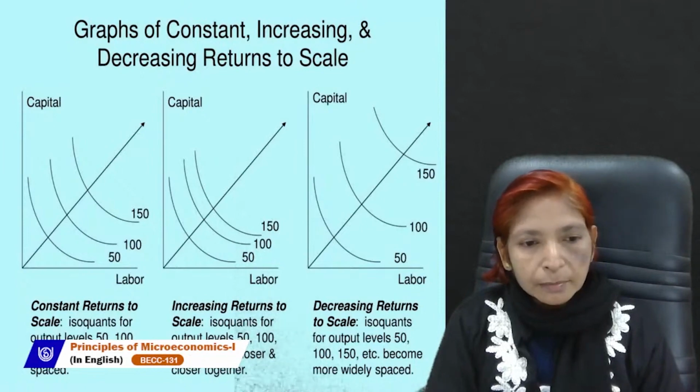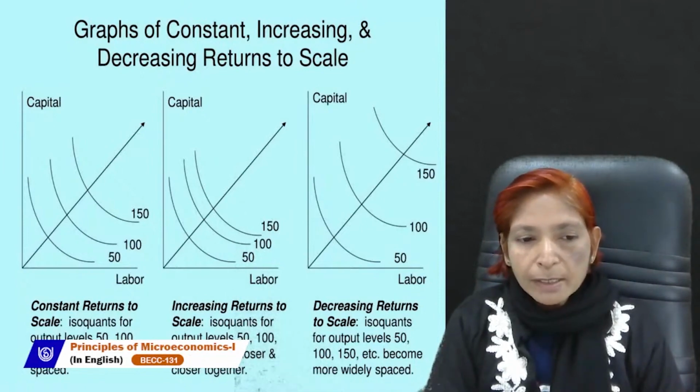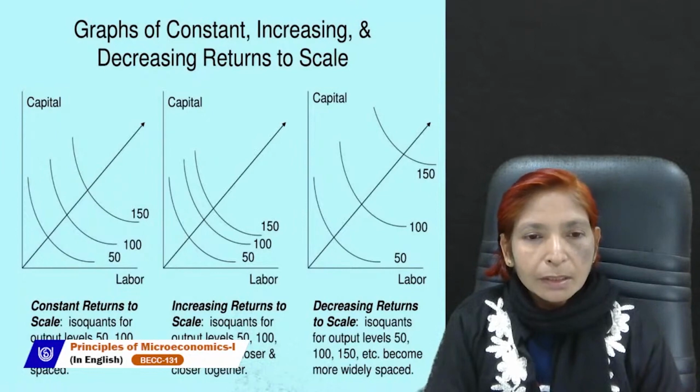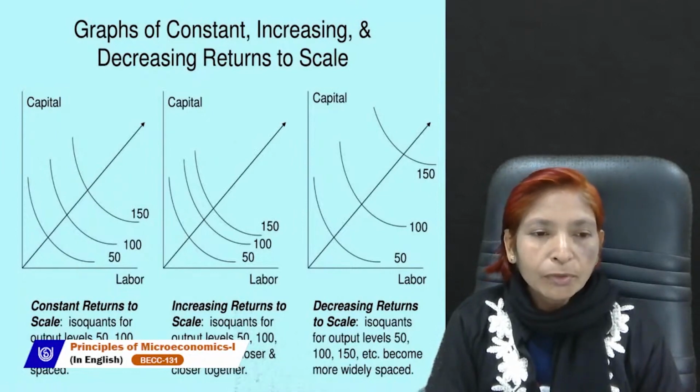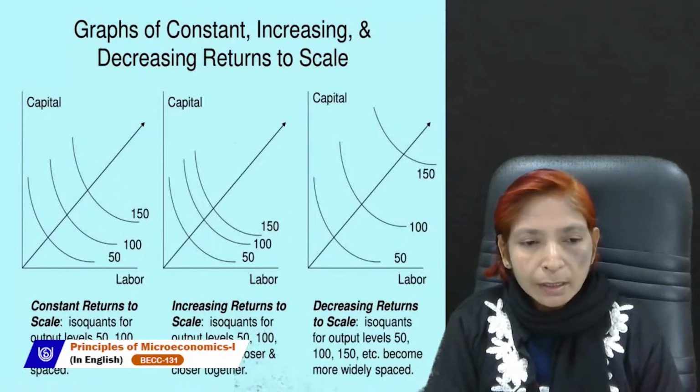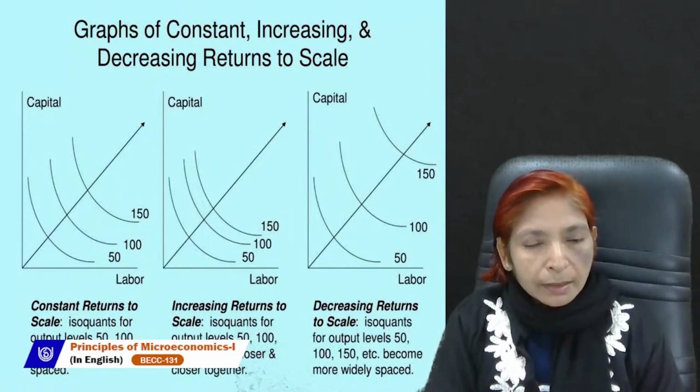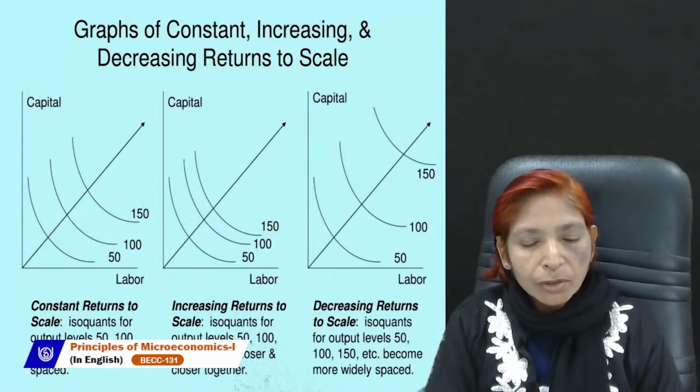In the second diagram, the expansion path is the same, starting from the origin as a 45-degree line, which represents that labor and capital can both change simultaneously by the same ratio. The three isoquant curves IQ1, IQ2, IQ3 show 50, 100 and 150 units of output.